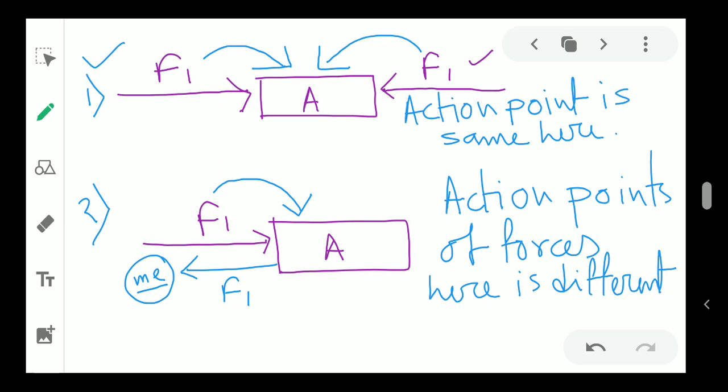In this case the action point is different. That's why we cannot add or subtract these two forces, because they are acting on different points.